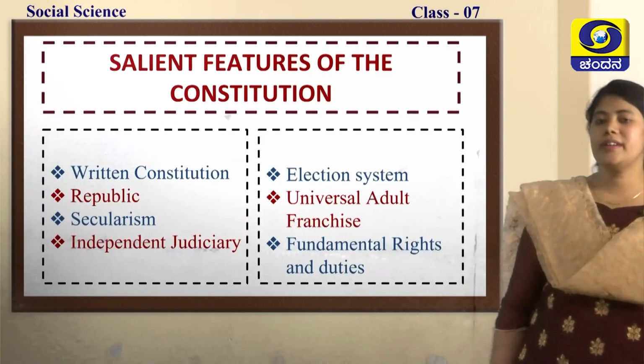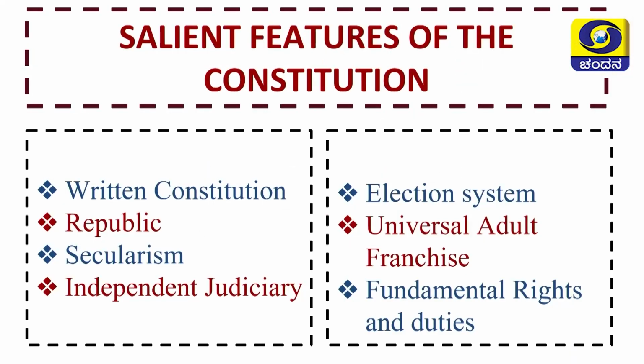So, now let us look into the salient features of the constitution, okay. We have a written constitution, then republic, secularism, independent judiciary, election system, universal adult franchise, fundamental rights and duties. These are all the salient features which we are looking at now in depth, okay.